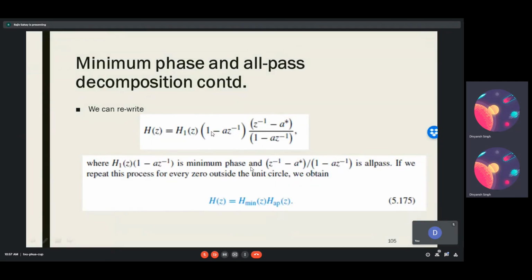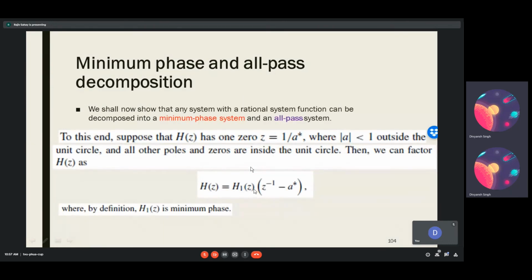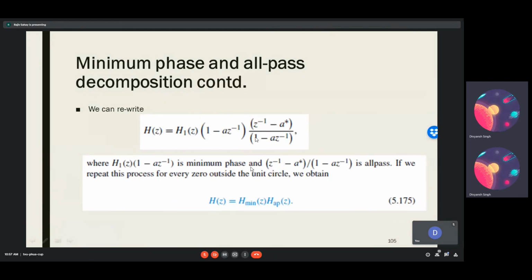Okay, so let us write this. You see what is happening? We have introduced two terms in the numerator and the denominator, and we have kept the previous equation. And can you identify that this system is an all-pass system, everyone? So you have decomposed an arbitrary system function, which can have zeros and poles outside the unit circle, in this case only one zero outside the unit circle, and you have created two systems.